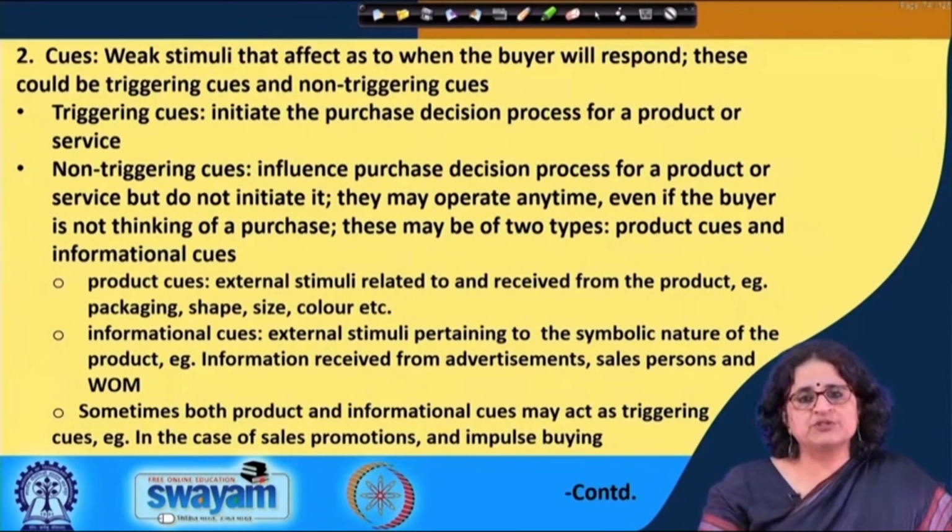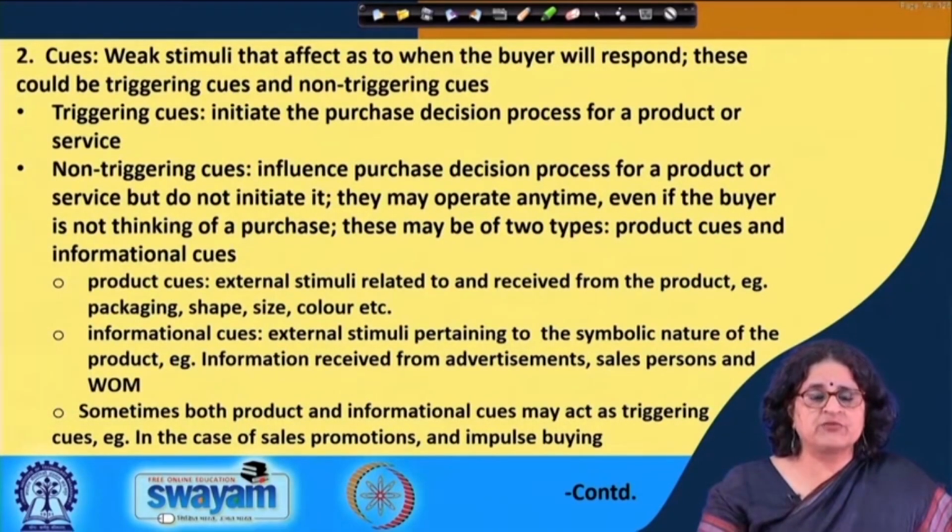Okay, information received from advertisements. Now, advertisements, we all know, will not only talk about the product, maybe about the attributes and features, but they will also have a creative strategy, an executional framework where there will be a lot of drama, colors, music, jingles, and the positioning of the product also gets affected by the way the advertisement has been designed.